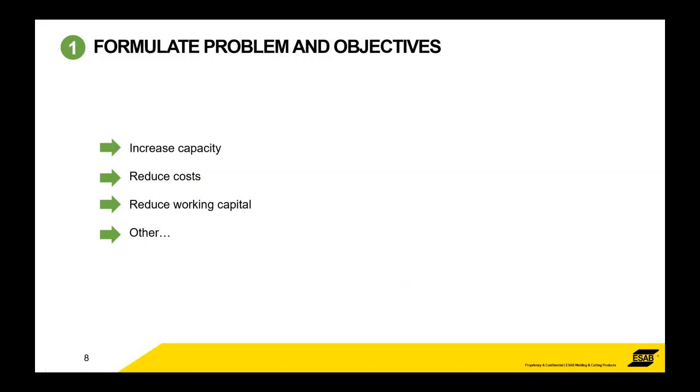And this is important, of course, to understand what are the things that you want to really achieve. So it's important to take the time to formulate that. What are your objectives? What do you want to reach with this initiative?